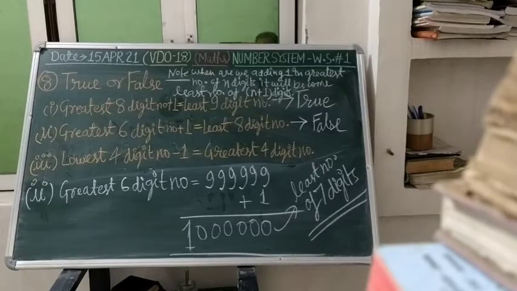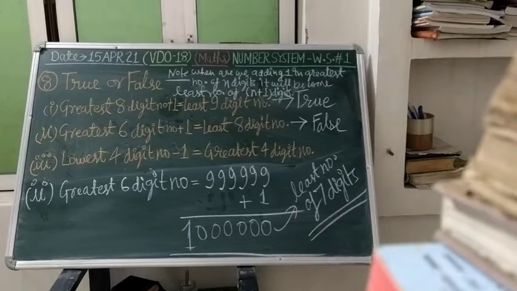Notice that when we are adding 1 in the greatest number of n digits, it will become the least number of n plus 1 digits. You have seen that if we add 1 in the greatest number of 8 digits, it comes least number of 9 digits. Whereas in the second one, they are saying that the greatest number of 6 digits plus 1 will be the least number of 8 digits.